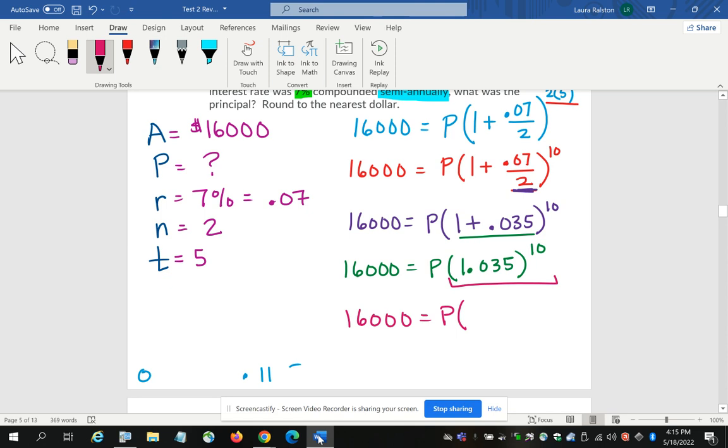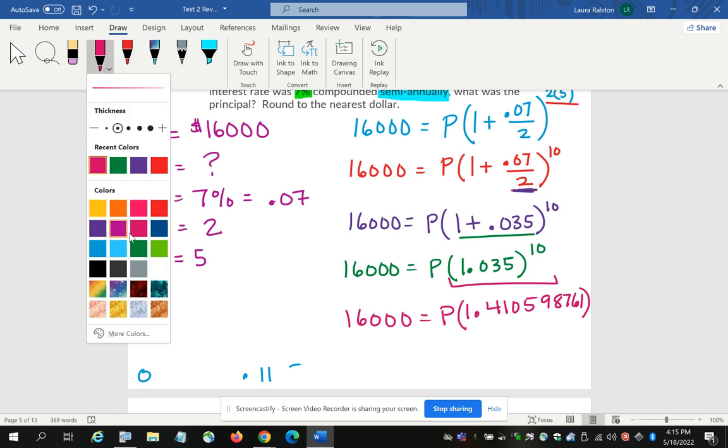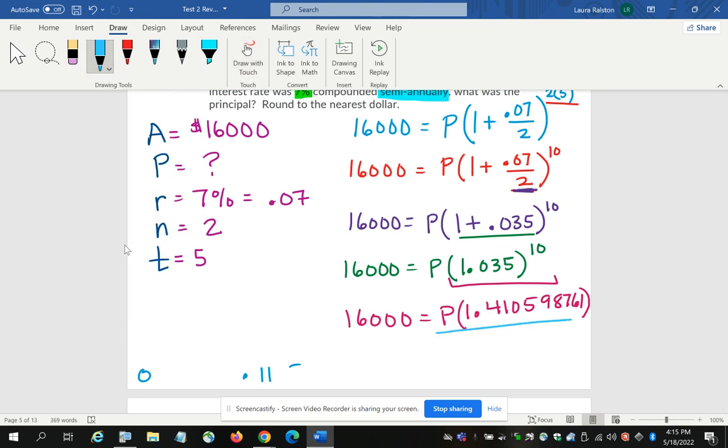Okay, so 1.410598761. I'm then going to divide both sides by that number, 1.410598761.